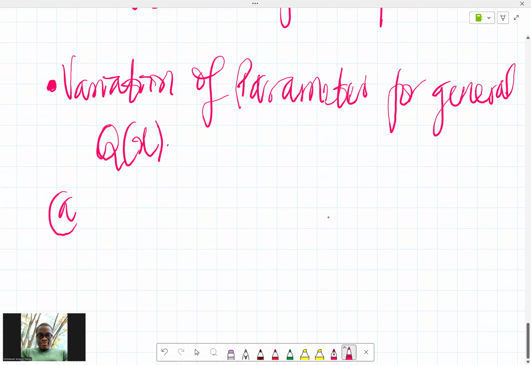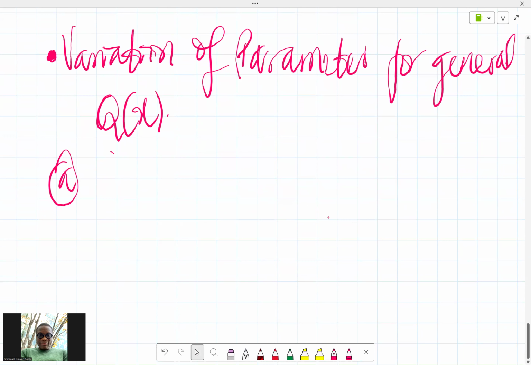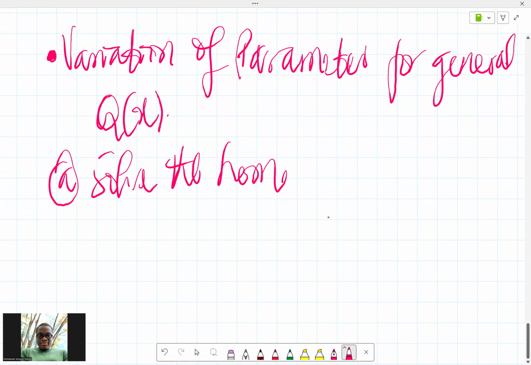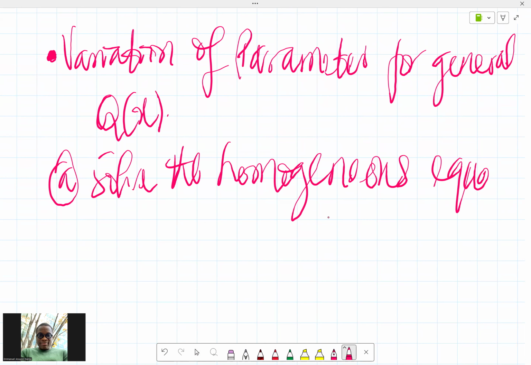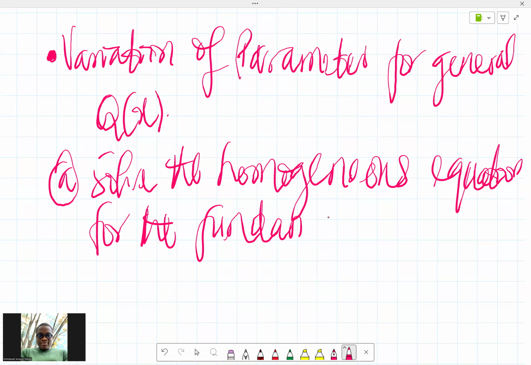What we do here is solve the homogeneous equation for the fundamental solutions, or what we call complementary solutions.